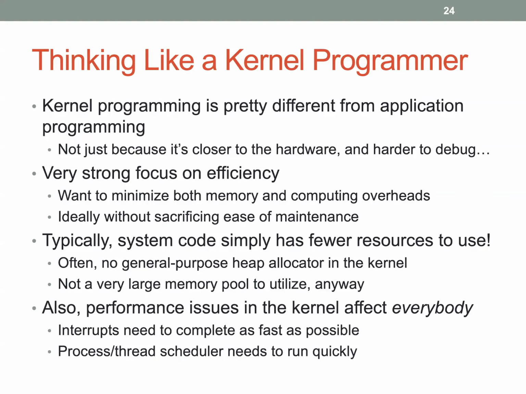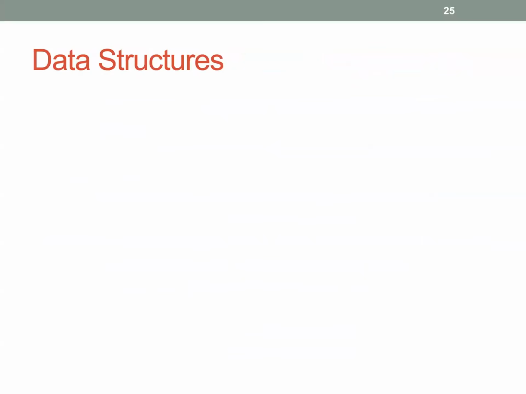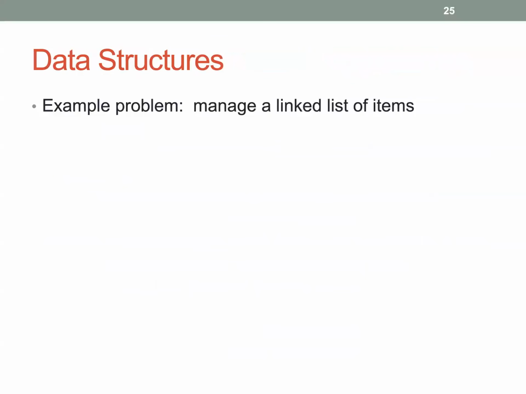If the kernel is slow, everybody will suffer. And so trying to make sure the kernel is small and fast and efficient pays off across the board. And so that's a big reason why we try to be efficient in how the kernel is implemented. Common problem. You'll be seeing this problem all the way through Pintos.